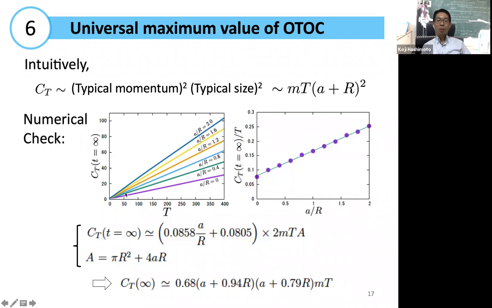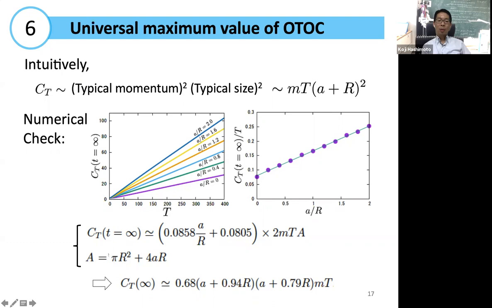So we look at the slope of this, and this is a plot of this slope. The horizontal axis is A over R, and the vertical axis is the thermal ODOC asymptotic value divided by temperature. And I plotted it. Then again, it is on a line. So we approximate this as just a straight line.